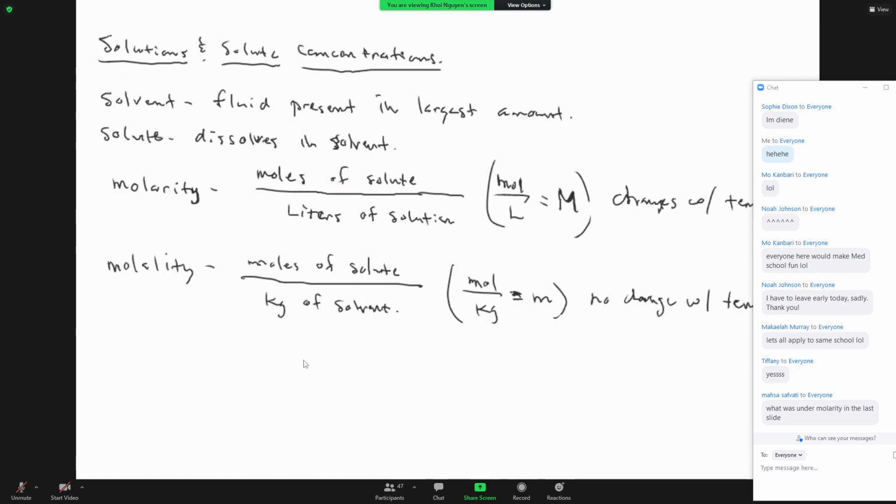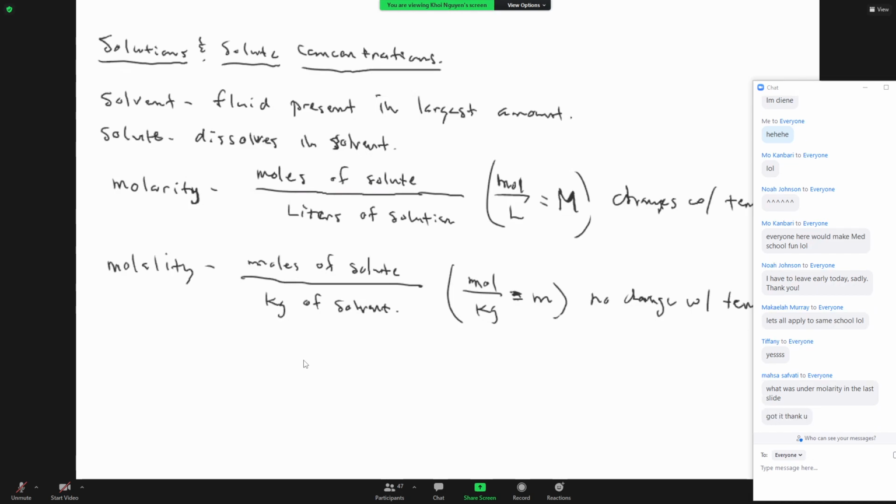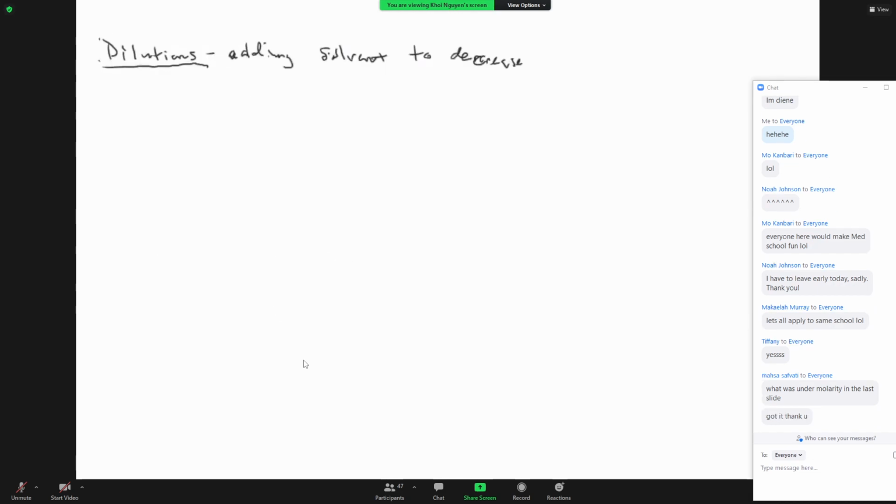Moles of solute divided by kilograms of solvent. So adding solvent to decrease the concentration of solute.